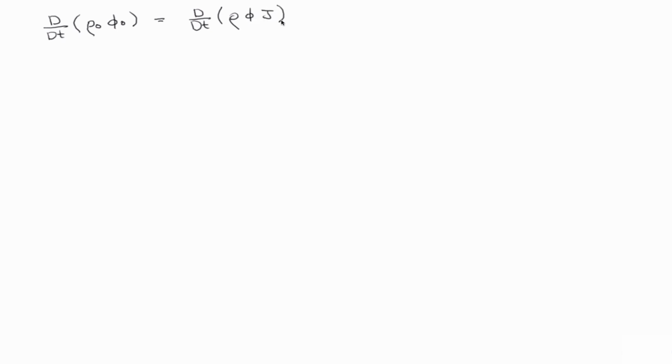Well, because the initial reference density and the initial reference porosity aren't in any way functions of time, they're, by definition, the reference values, the left-hand side is identically 0.